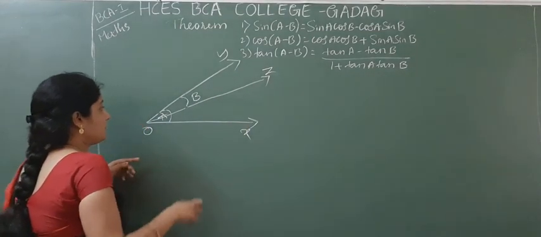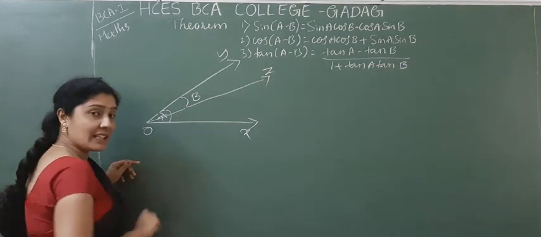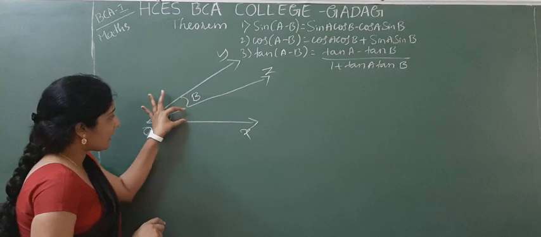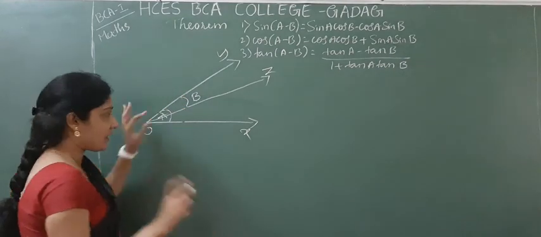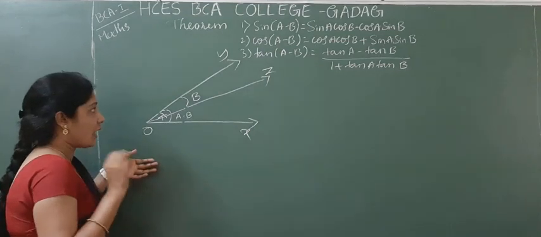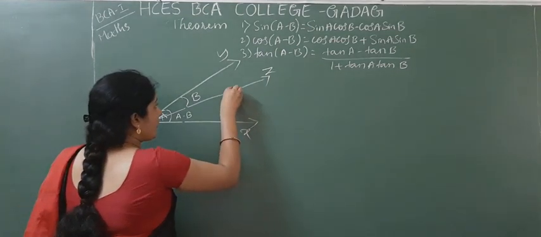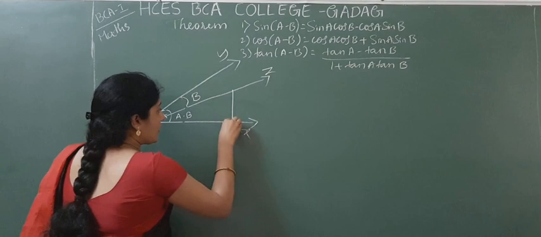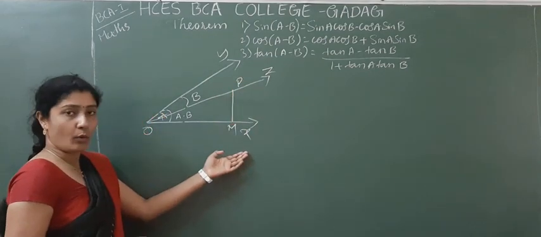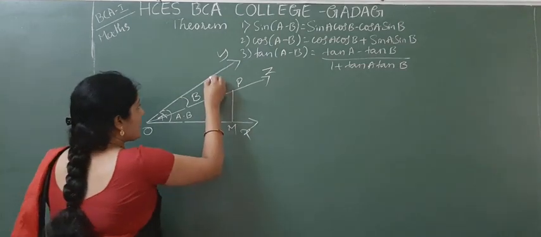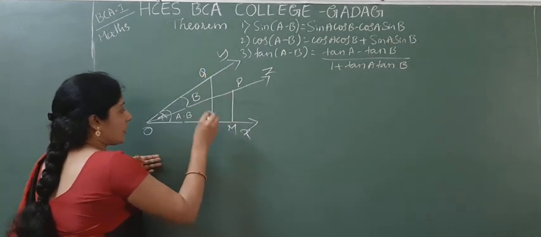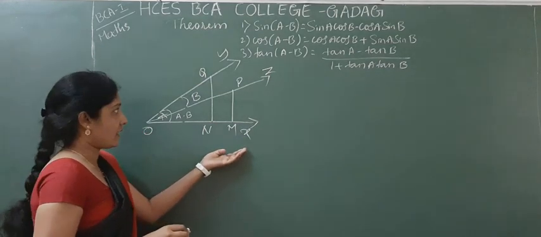Now, what is this angle then? The whole angle is A and this is B. Then this will be A minus B, right? So this angle is A minus B. Now, draw PM perpendicular to OX. Similarly, draw QN perpendicular to OX.